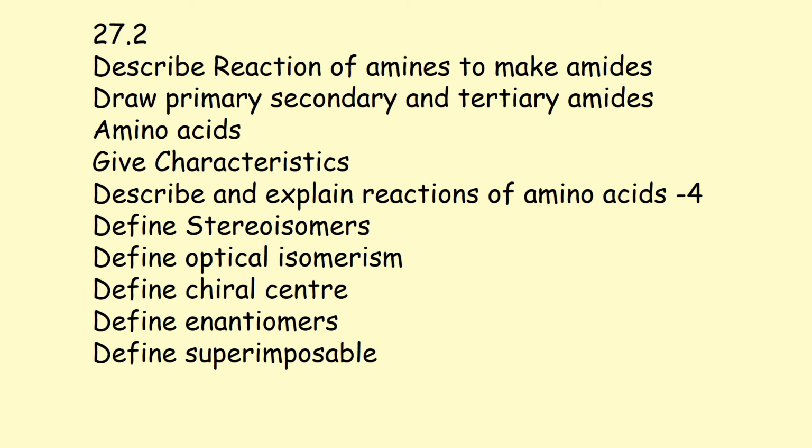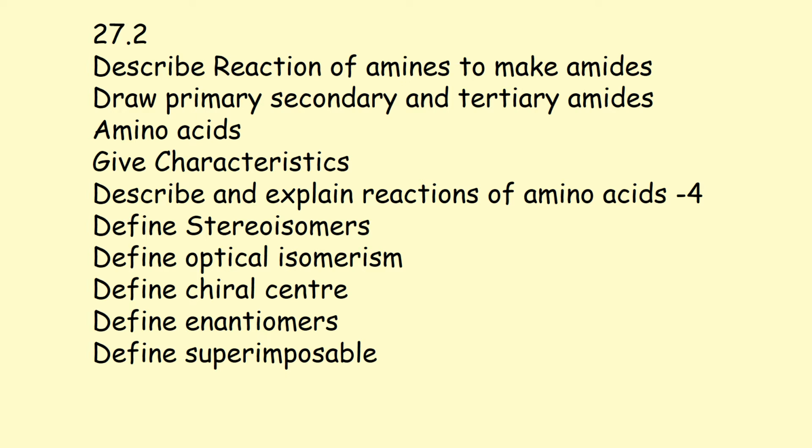There's literally a couple of lines on page 480 under the heading amides, so it might not seem obvious to you at all, but I've taken this opportunity to talk a little bit about it. I will then go on to drawing the primary, secondary and tertiary amides, and I will then go on to the beginning of the chapter on amino acids. So a bit of to and froing within the chapter.